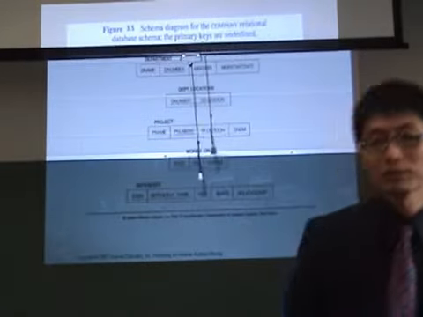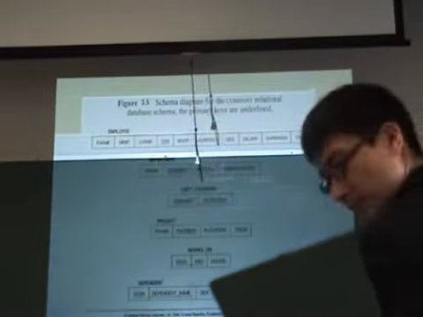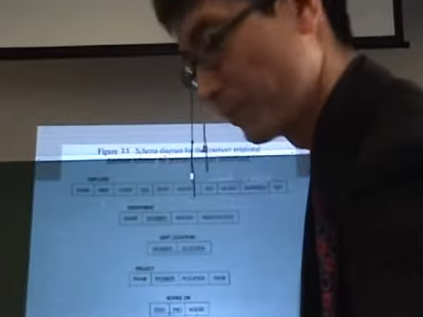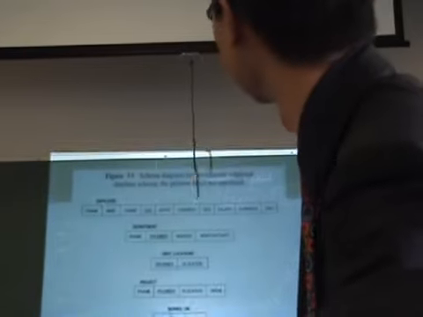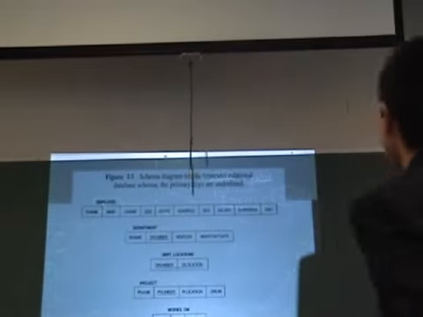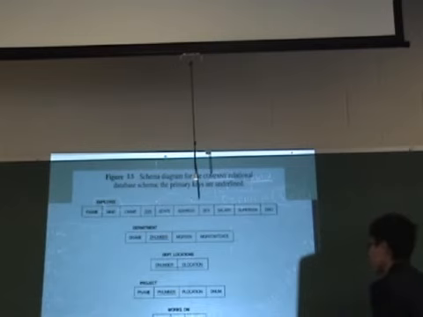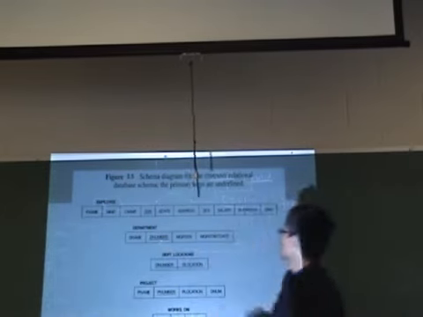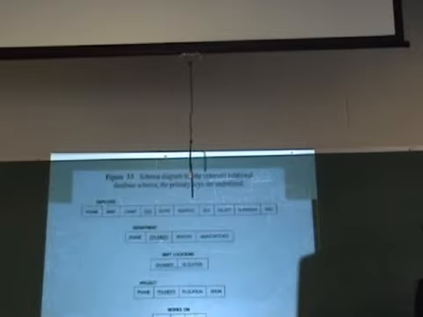So letter B. Can you put letter B? Okay, it's letter B. Here, we already found the arrow to the D number. So we are going to use an arrow to represent a foreign key.